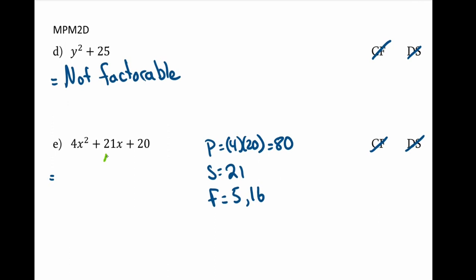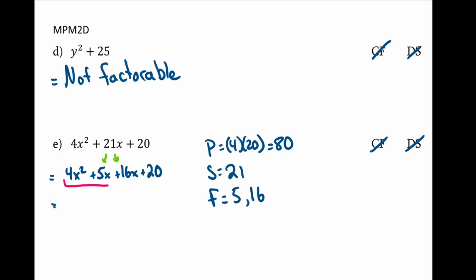So remember, when we factor complex trinomials, we're going to use decomposition. So 4x squared, this 21x is going to be broken down into my two factors. Again, we talked about it doesn't matter which order they go into. So I've broken that 21x into 5x and 16x.